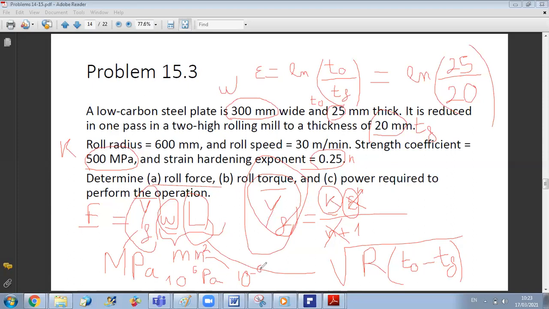When you multiply them, the 10 to the 6 and 10 to the minus 6 simplify. So megapascal times millimeter square is equivalent to Pascal times meter square. And Pascal times meter square is Newton, because in SI units, Pascal is Newton per meter square. So by replacing here, you will get your force in Newton.